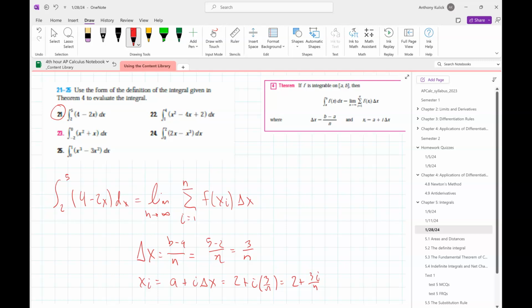So far, so good. Okay, so we'll say the limit as n goes to infinity of the sum from i equals 1 to n of f of 2 plus 3i over n times 3 over n. And then remember that our f of x is just that.